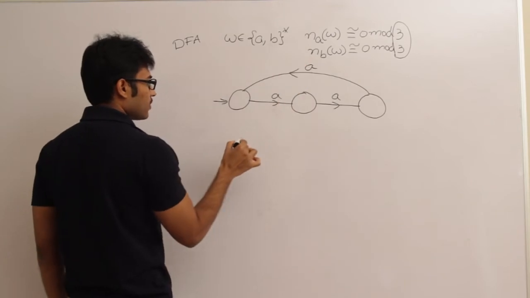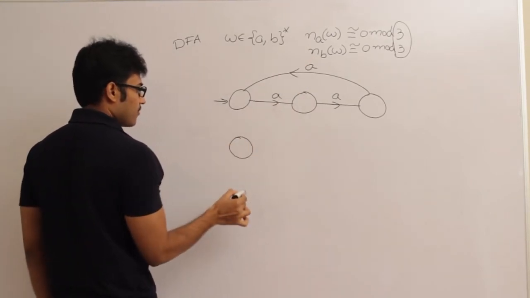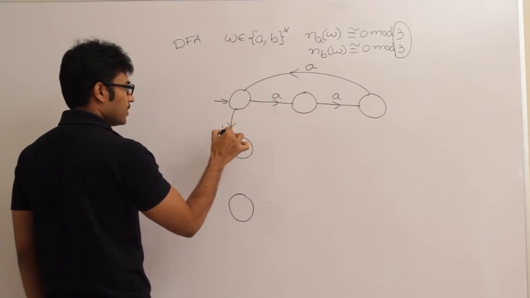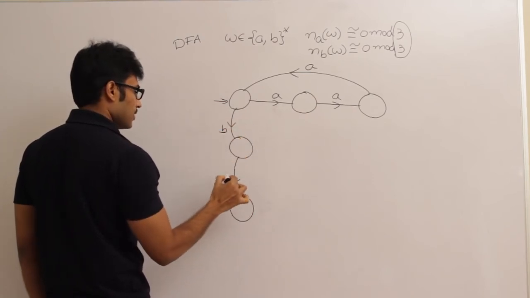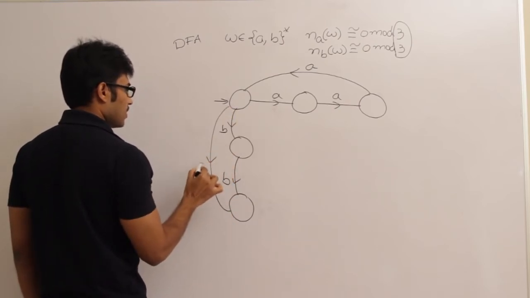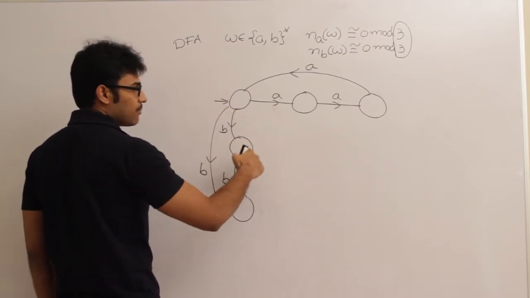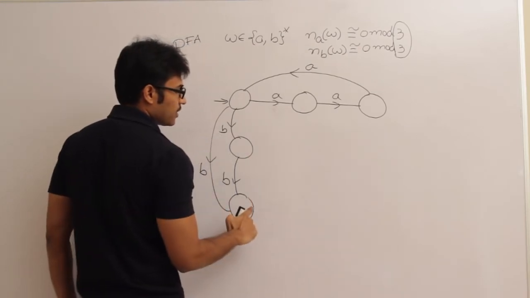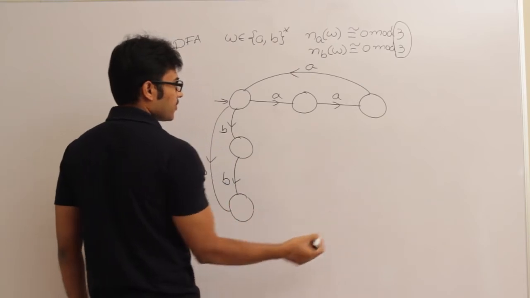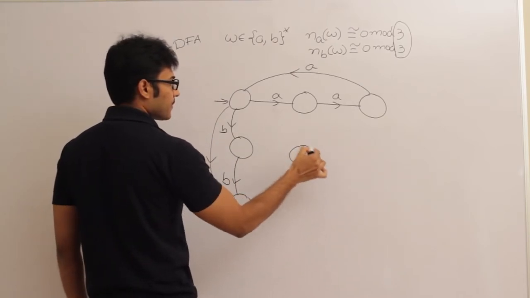Now B has to be again a mod 3 counter. So again repeat: mod 3 counter for A, mod 3 counter for A, mod 3 counter for B, mod 3 counter for B.